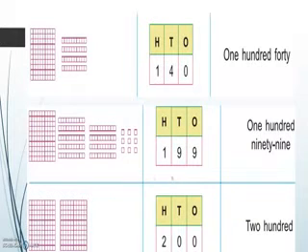Got it? Now we will see some examples. See, how many hundreds block are there? 1. So in the hundreds place you have to write 1. How many tens block are there? These are all tens block. That means 1, 2, 3, 4.